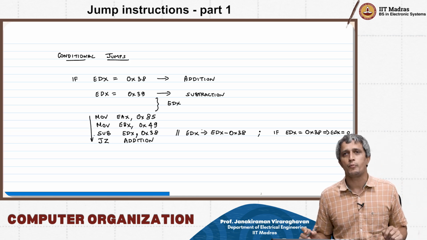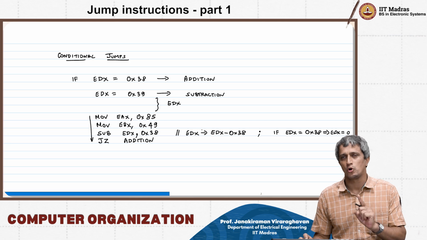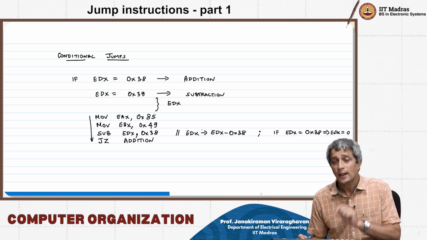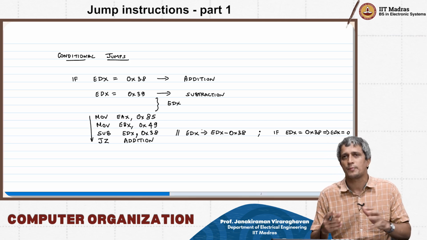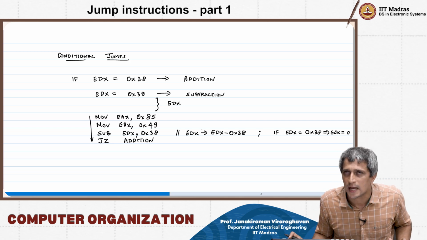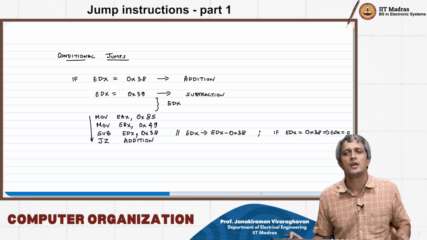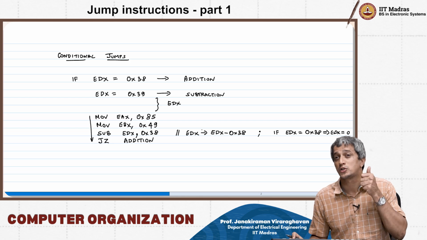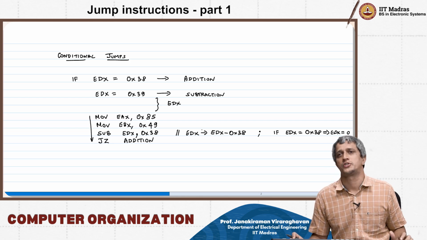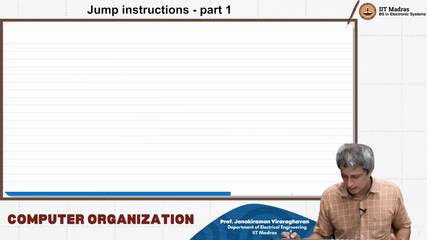When you come to jump on 0, what it is going to do is, this subtract operation that we did, EDX minus 0x38, whatever any ALU operation that you do will go and set what is known as a flag register. Okay, so let's come back to that.